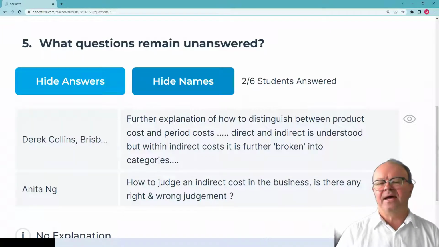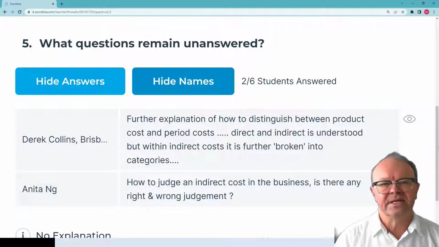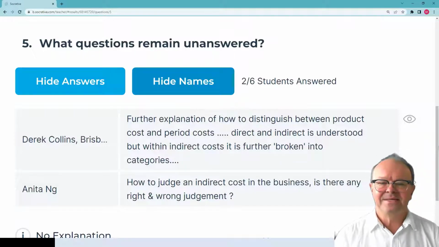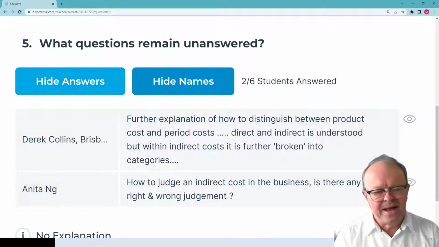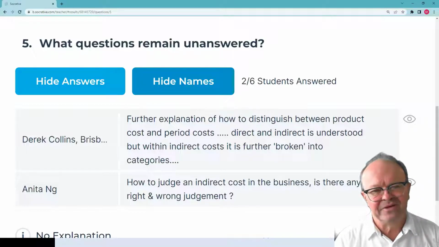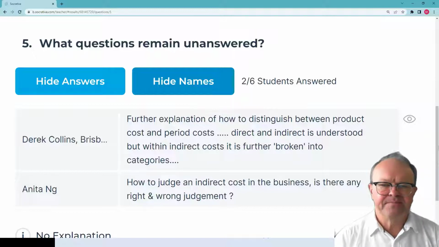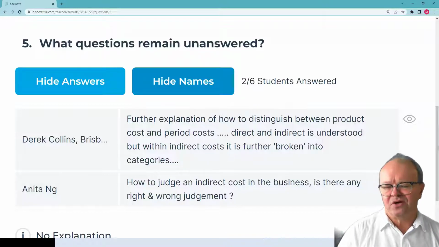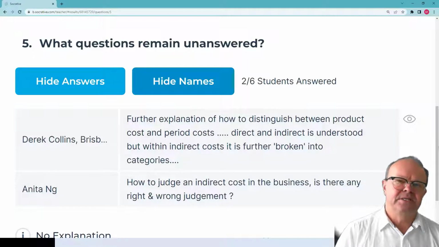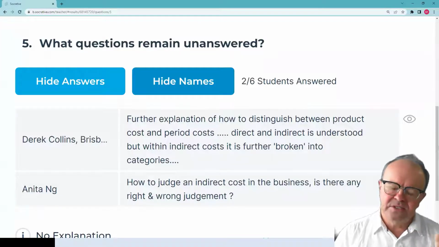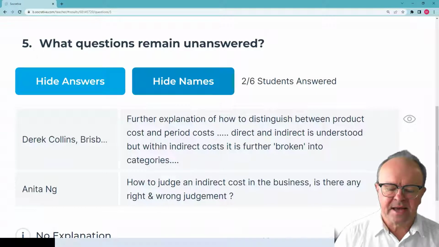If we decide to allocate a cost to period costs, it's a period cost. That's the fundamental distinction. But you're saying, when we're making those judgments, how do we tell the difference? Well, I'll be closing the loop on that in a few weeks and giving you my perspectives on it. But we're going to be exploring it a bit, and you can see the way the textbook is breaking things up.